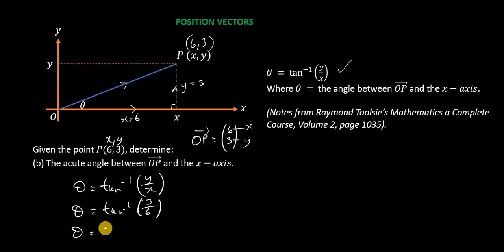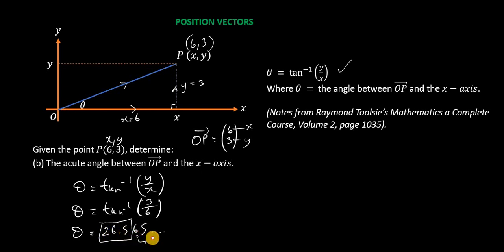Okay, so this should actually give you 26.565, etc. Now I only want 3 significant figures. You could be required to use 2 significant figures, etc. But let's say they're required to use 3 significant figures. So we have 1, 2, 3 significant figures. Check the very first digit that you're chopping off.